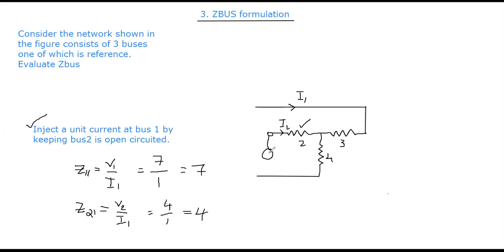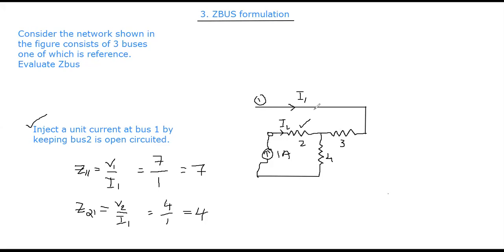Now this 1 ampere unit current is injected into the second bus. These are the changes to be made for the given diagram. So this is again 1 ampere. Now port number 1 is open circuited, that means I1 is equal to 0, which means the 3 ohm resistance is completely connected to this.